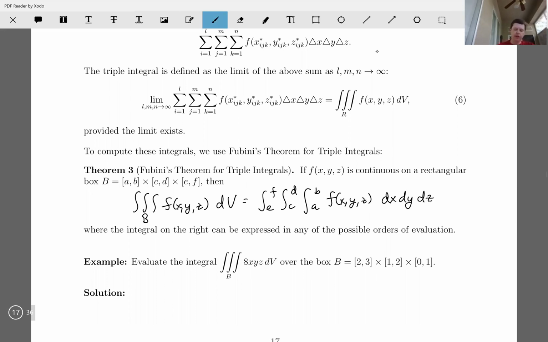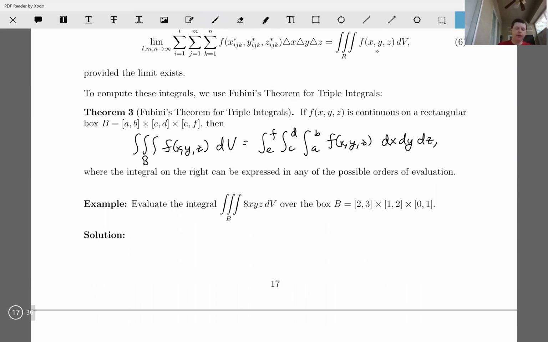Where, of course, the integral on the right can be expressed in any one of the possible orders of evaluation. So let's do an example.